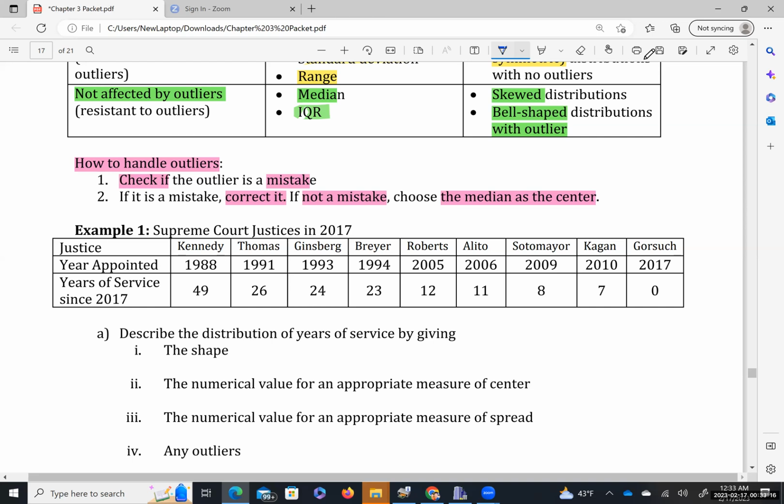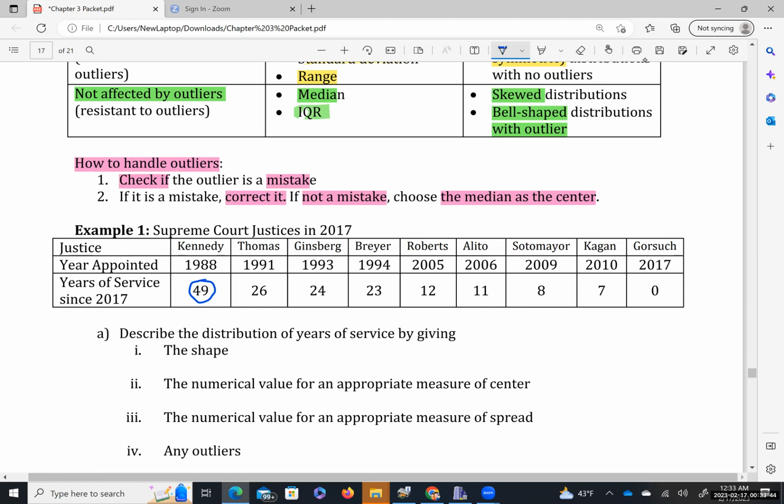But look, there is a case with 49 from Kennedy, and that could be an outlier. But let's see what happened. Is that a mistake? You see that the year appointed was 1988, and the years of service in 2017 is 49.